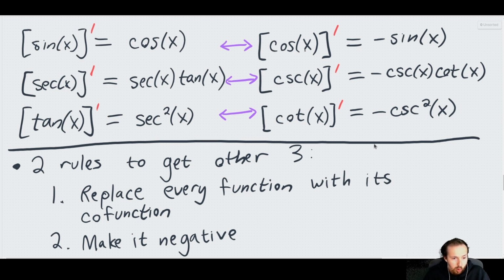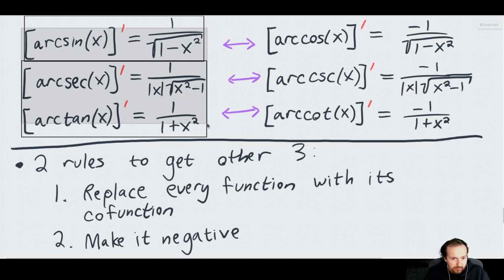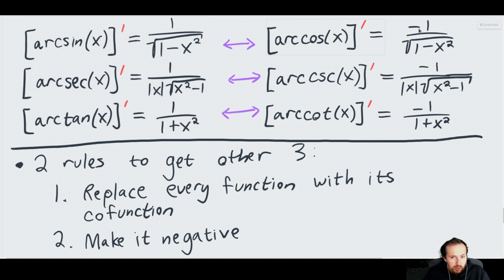However, there's also one other benefit that we get if you remember this trick. And that is that it also works on the inverse trig functions. If you apply the same rules, for example, for the inverse trig functions, if you remember these three on the left, these are the positive versions, in other words, you can get to the other three on the right with the same rules.